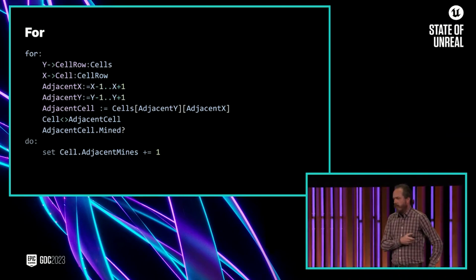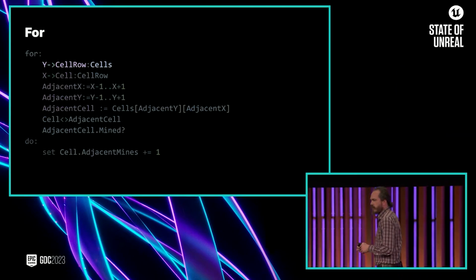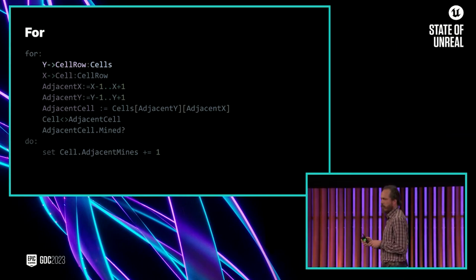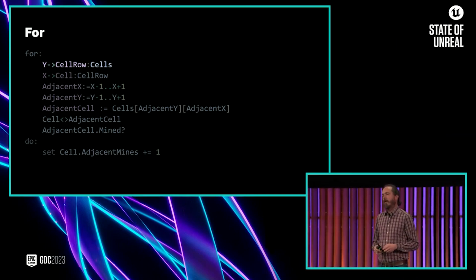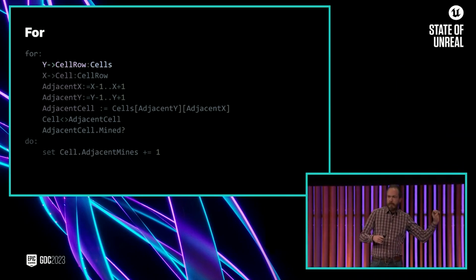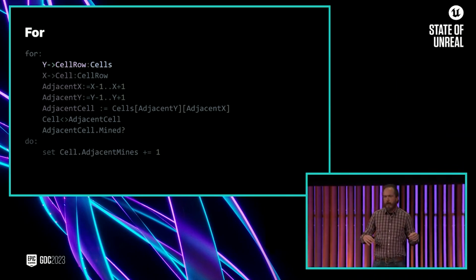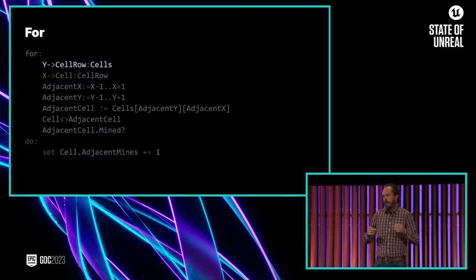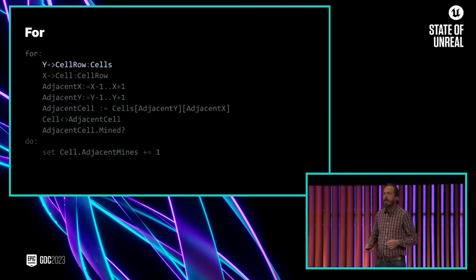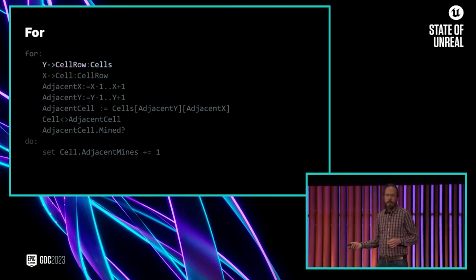The way you do that is first, we use the y arrow cell row colon cells construct to say, I want the index in the array and the element in the array of cells. So y is the index in cells. Cells is a 2-dimensional array. And cell row is the element. So the cell row ends up itself being an array, a row of cells.